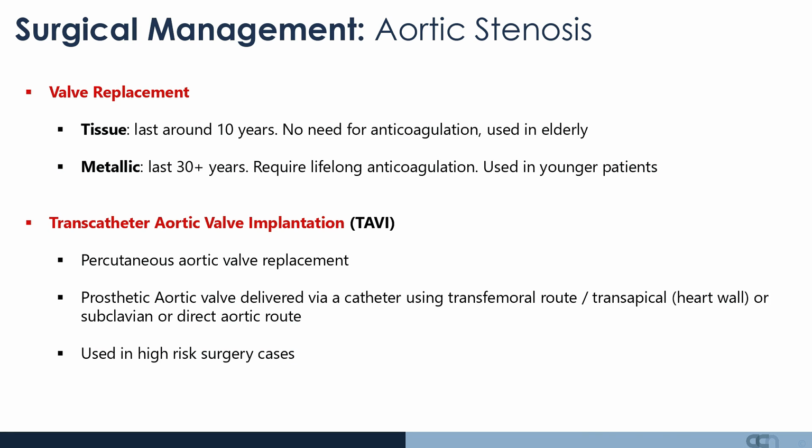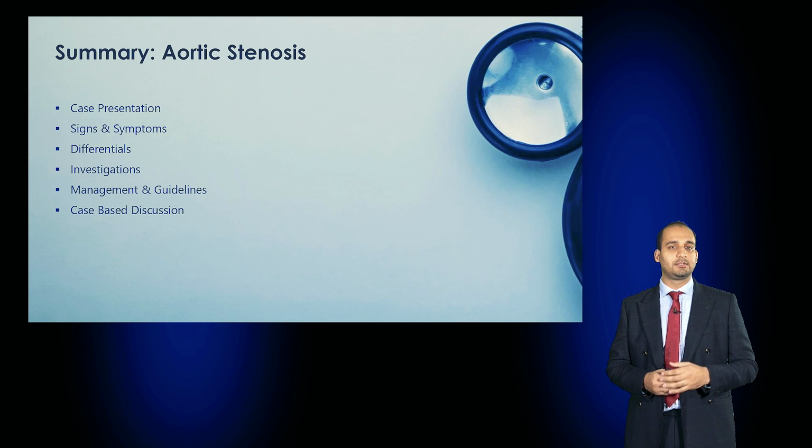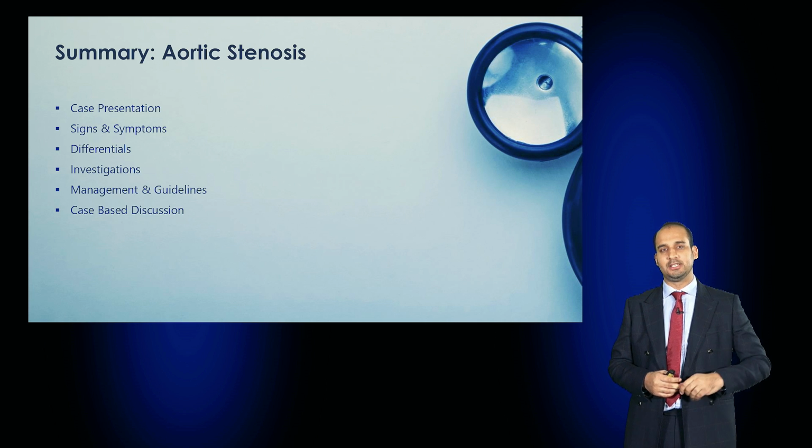A TAVI, or a transcatheter aortic valve implantation, is a percutaneous procedure, and this is used in high-risk cases, and this aortic valve can be delivered through a femoral route or a transapical route, as well as a subclavian or a direct aortic route.